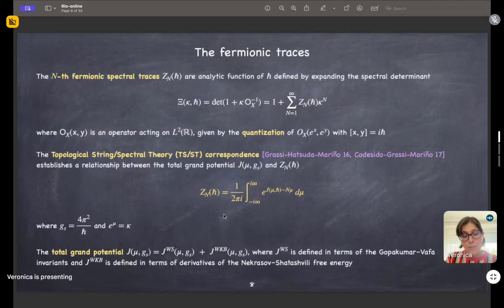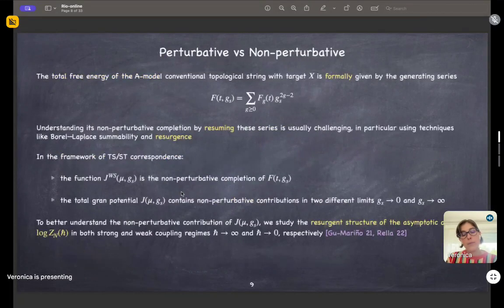Okay, so these are the traces, and why should we be interested in this topological string spectral theory correspondence? Well, because one of the main problems in topological string theory is that the natural quantities to study are the so-called free energies, which are typically divergent. So you can only define them formally.